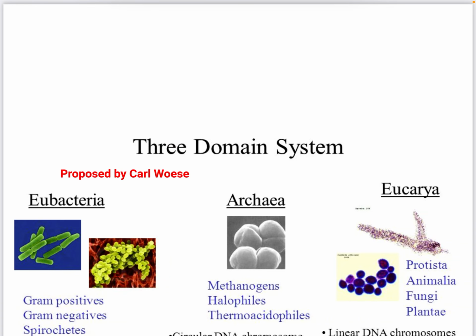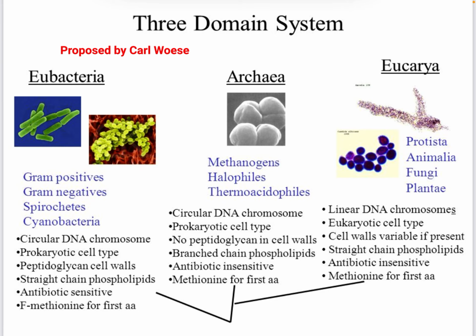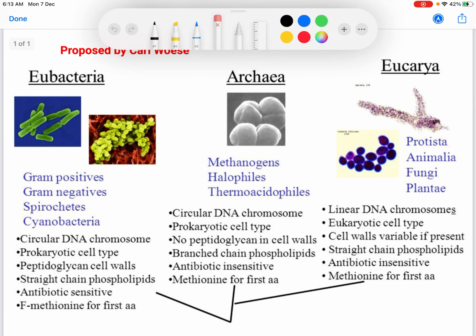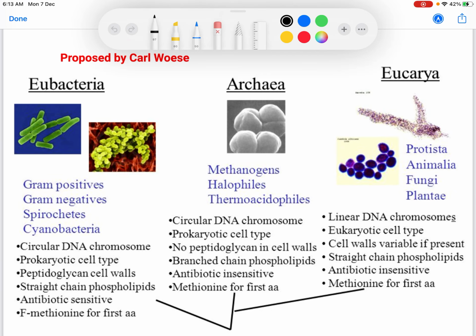Now comes the next level of the classification, called the 3-domain system. Now, more advancement in 5 kingdom classification. This classification mechanism is proposed by Carl Woese.